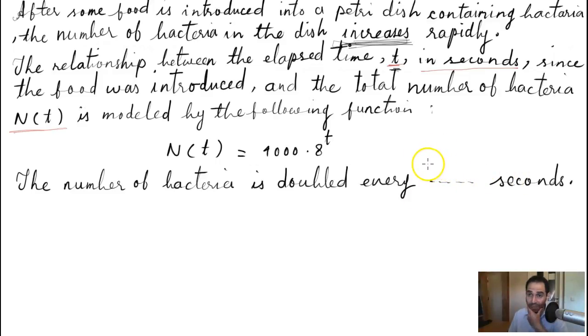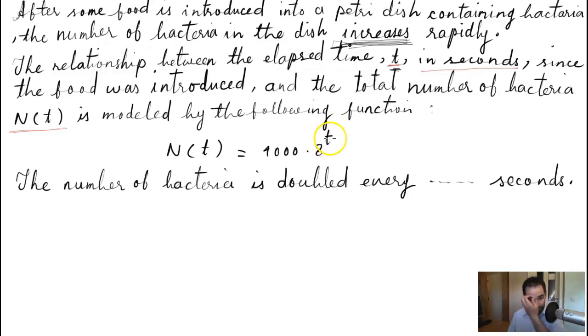So in order to understand every how many seconds the number of bacteria is being doubled, we have the relationship between the number of bacteria, n of t, and t, which is in seconds, and you have t as the index of this number 8, which is your common ratio.